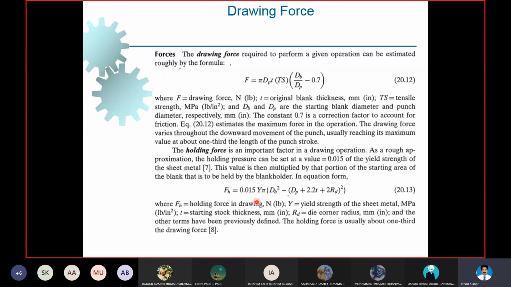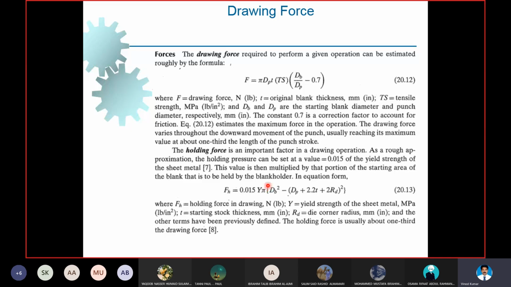So the holding force FH is the force required to hold during the drawing process. Here F is the maximum force required for the operation, F equals pi dP T Ts (dB over dP minus 0.7). The holding force is calculated using the equation 0.015 Y pi (dB square minus (dP plus 2.2 T plus 2 RD) square). All these equations are in terms of the diameter of the blank and diameter of the punch. So using these equations, we can find the holding and the drawing force.